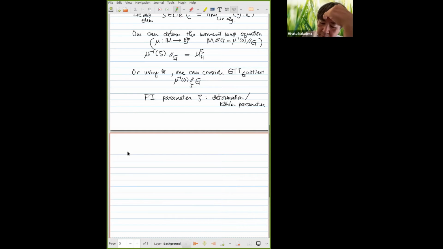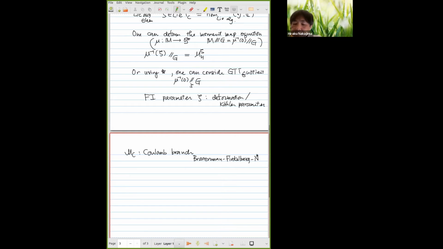Okay, then I go to the Coulomb branch. I use the mathematical definition given by Braverman, Finkelberg and Nakajima, in my joint work with them.